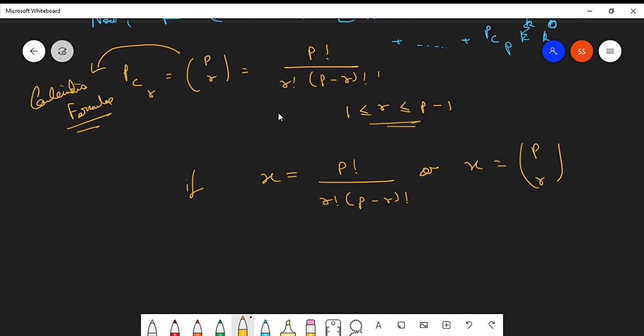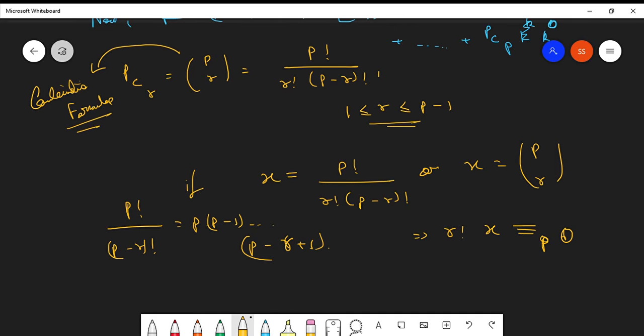Clear? So if you take this r factorial here, r factorial times x is actually 0 mod p. The reason being is that p factorial over p minus r whole factorial is of the form p times p minus 1 and so on till p minus r plus 1. Okay, got it.